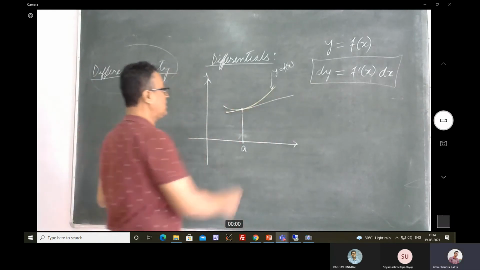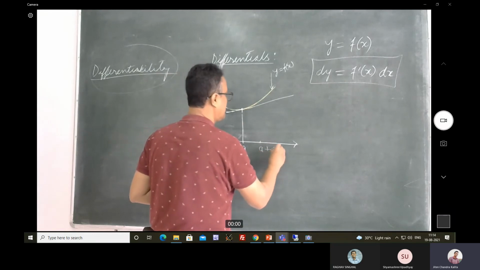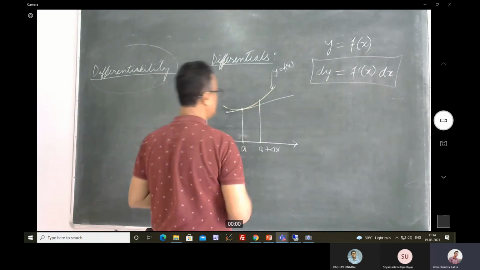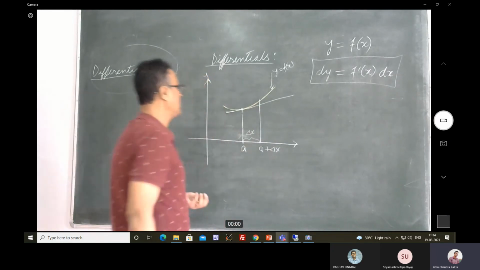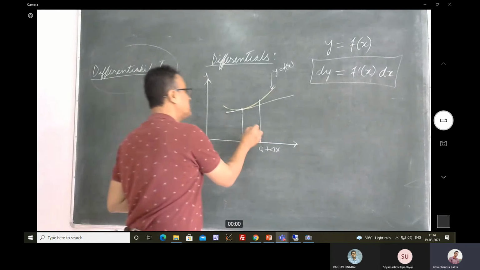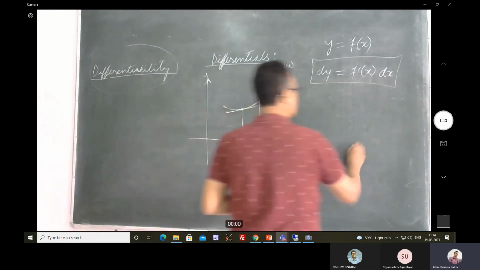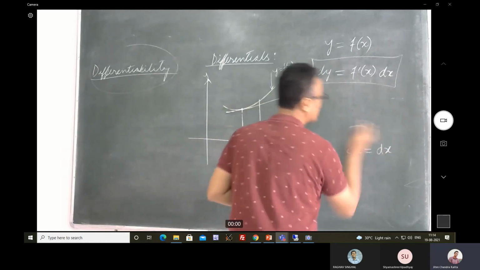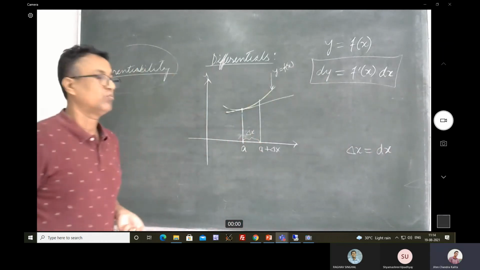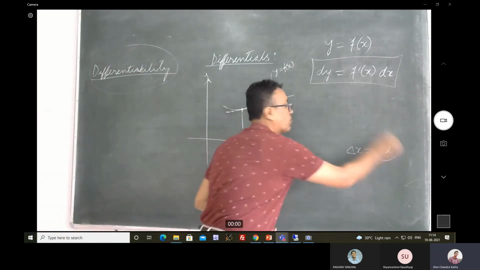Now let us consider a neighboring point here. This is a plus delta x, so this length is delta x. This is the increment for the independent variable. Whenever we talk about the independent variable, the increment I can write as dx.